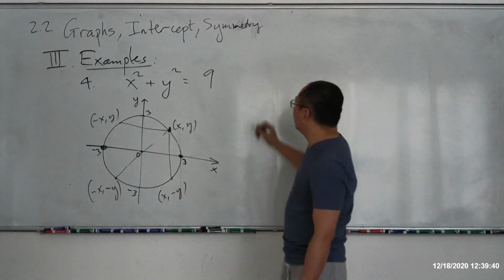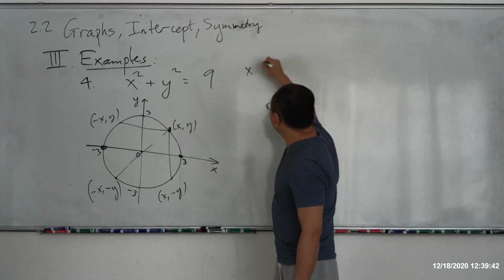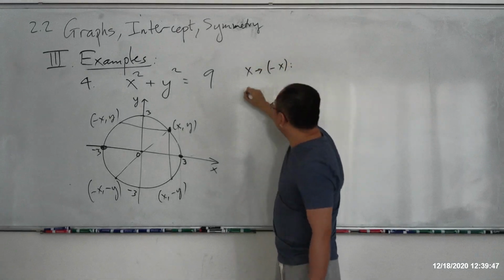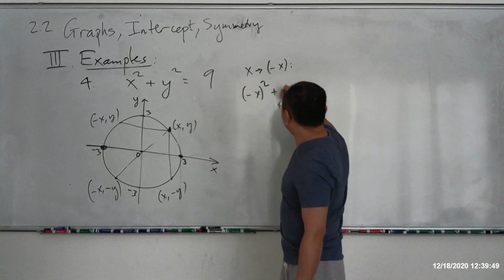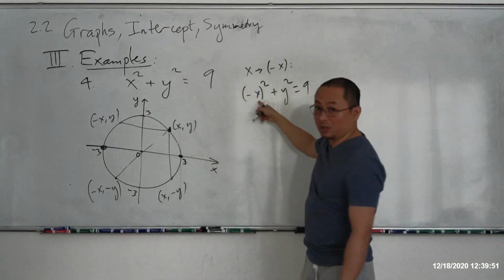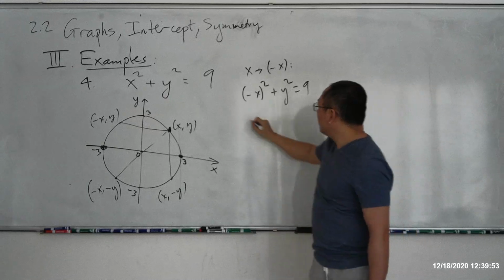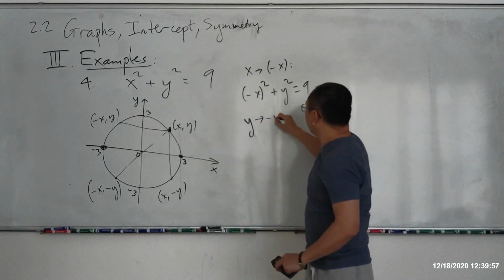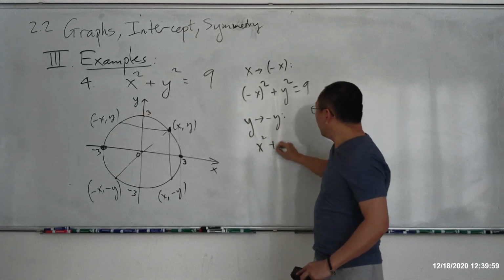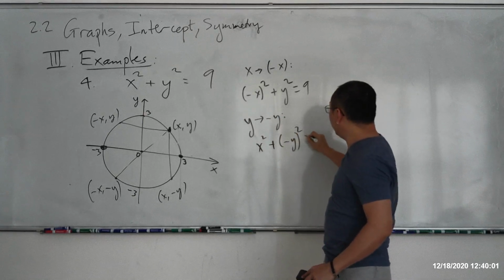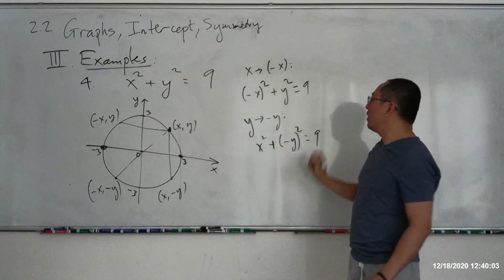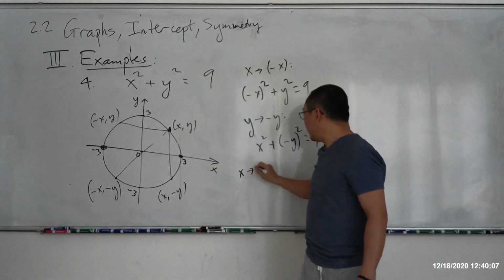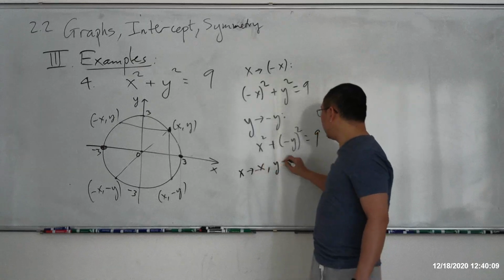And you want to test for it. Right? You change just x to negative x. You got what? Negative x squared plus y squared equal to 9. Simplify, go back to the original equation, right? You change y to negative y. You got what? X squared plus negative y squared equal to 9. And simplify this to y squared. And you change both. But right here, you got x to negative x and y to negative y.